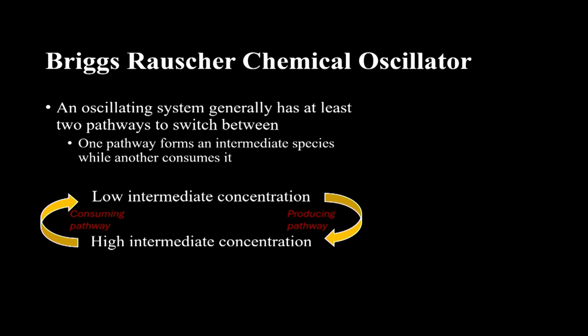So in this case, again, that iodine species is that key species. The I3 minus is giving us that deep color. And so as we're building up our intermediate, you reach a critical concentration, and you switch the pathway from intermediate producing to intermediate consuming, and then that dissipates the color. When it hits a low critical concentration, it switches back to forming the intermediate again as it slowly moves towards its equilibrium.